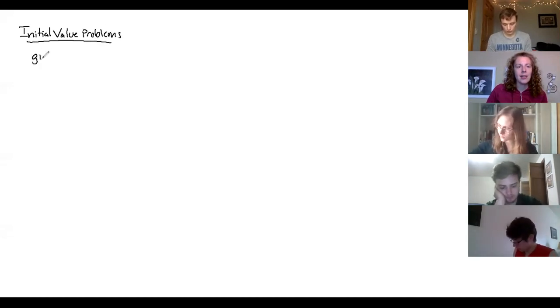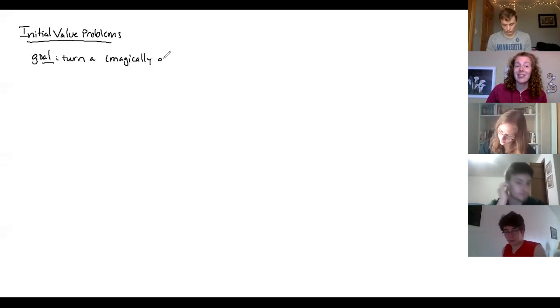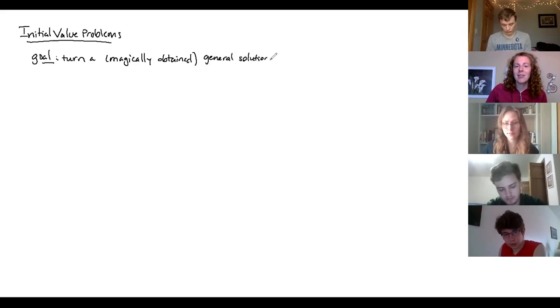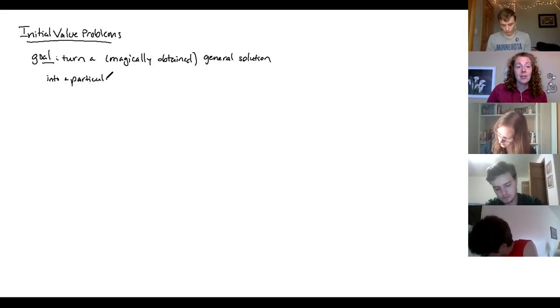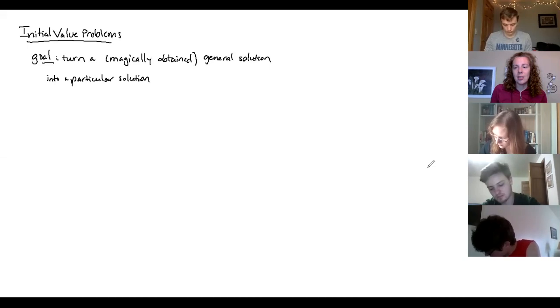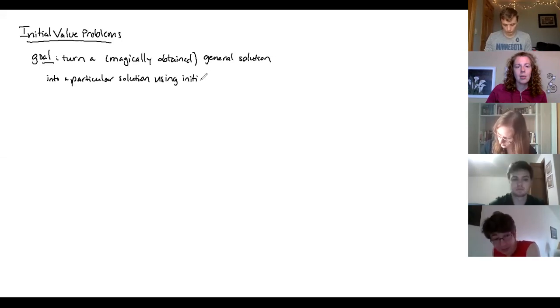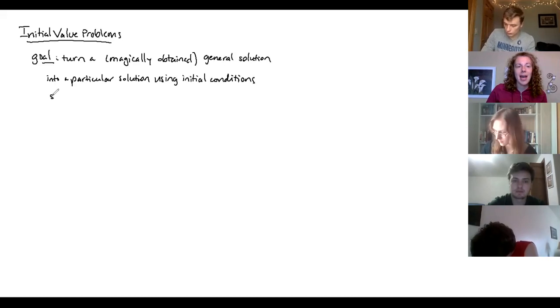So here's our goal for today. Turn this magically obtained general solution into a particular solution using initial conditions, and here's the key point, systematically.